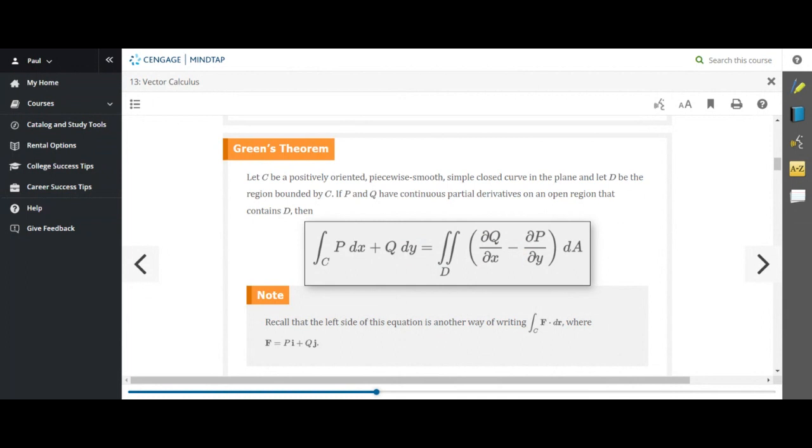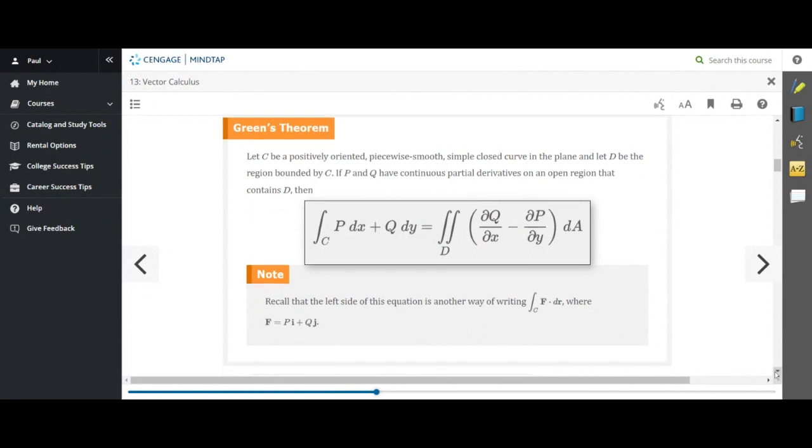And they note that, recall, the left side of this equation in Green's theorem is simply another way of writing that line integral, the integral of F, the vector field, dot dr over curve C, where the vector field has components P and Q. So you are computing work.